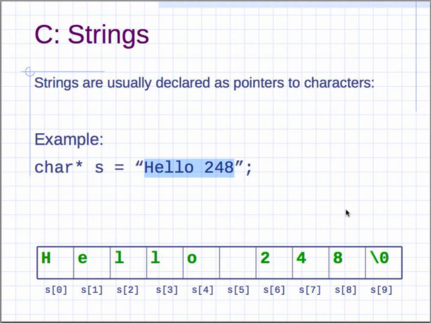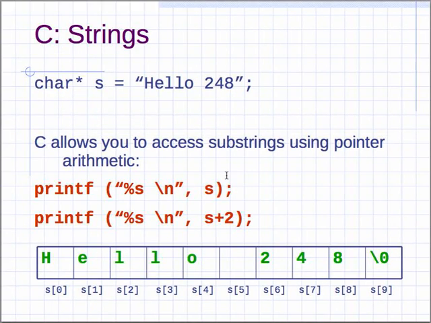So no longer do you have to say that S has 10 locations. You can just say char star S equals whatever you want. Most C programmers find this a lot more handy to write because they don't have to figure out how long the string is and put in the right number of characters and right number of spaces in open close square brackets.